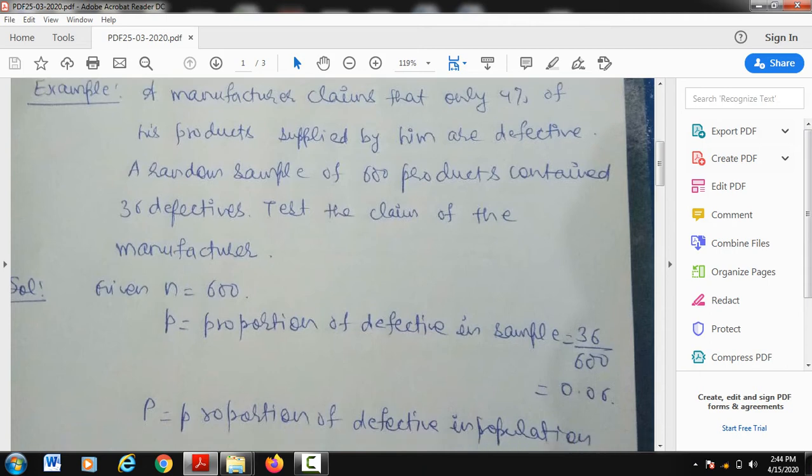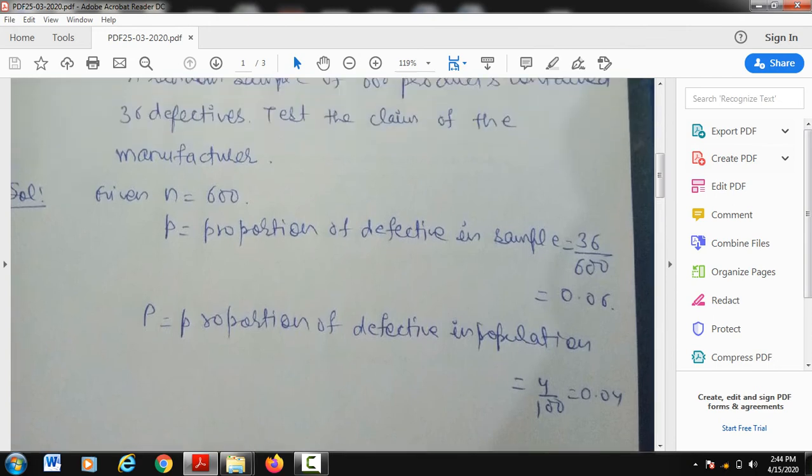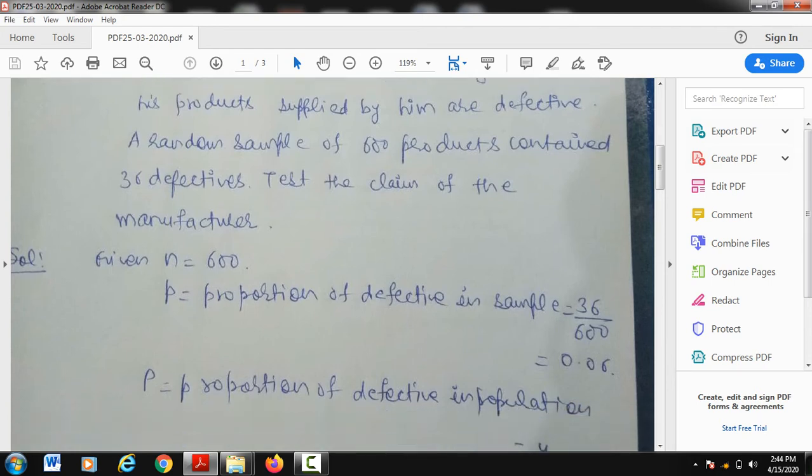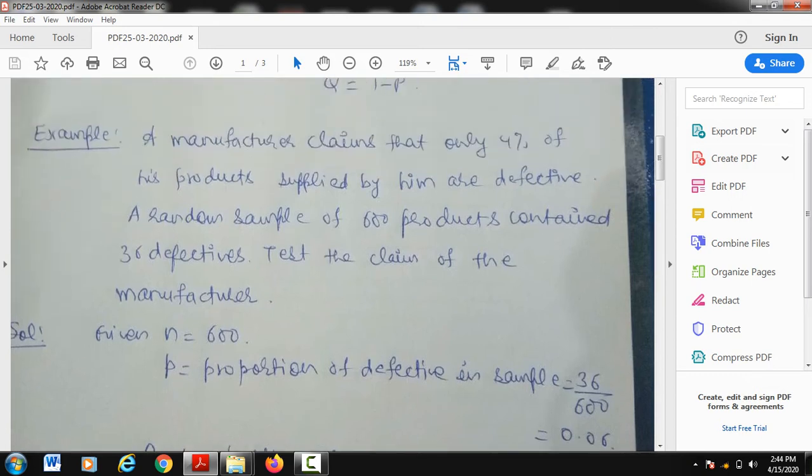So let us denote the given things by variables. Here n, the sample size, is 600. Small p is the proportion of defective in the sample. Obviously, capital P is the proportion of defective parts in the production, for the population. So small p is 36 over 600, because if we take 600 samples from the production, then out of 600, 36 are defective.